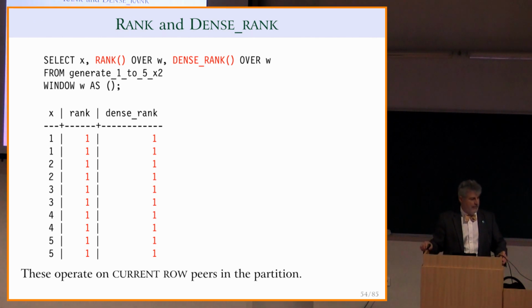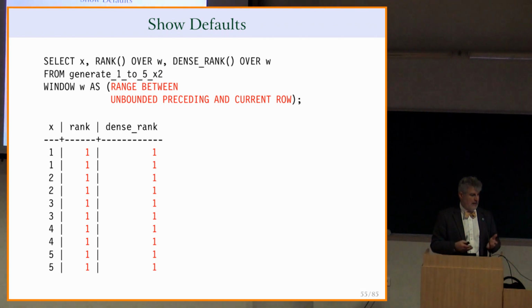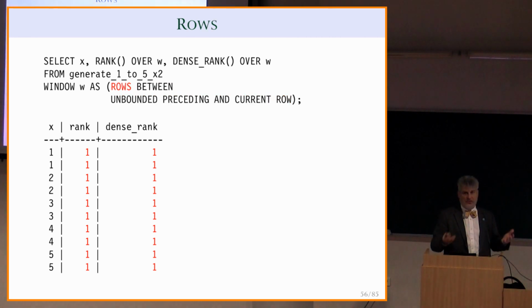Now in this case, because these operate on a partition, unfortunately, because there's no order by in this query, it doesn't know how to rank anyone. So there's no order by, so I can't rank them, so it thinks everyone finished first. Wonderful, right? You haven't told me how to rank them. If I add the parentheses and use the defaults, again, there's no order by, so there's no ranking involved. Even in rows mode, again, there's no ranking.